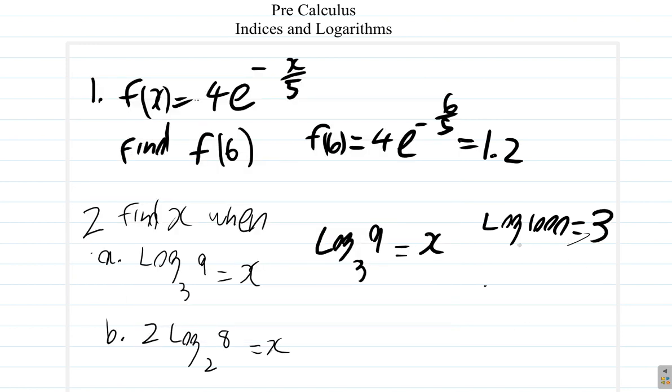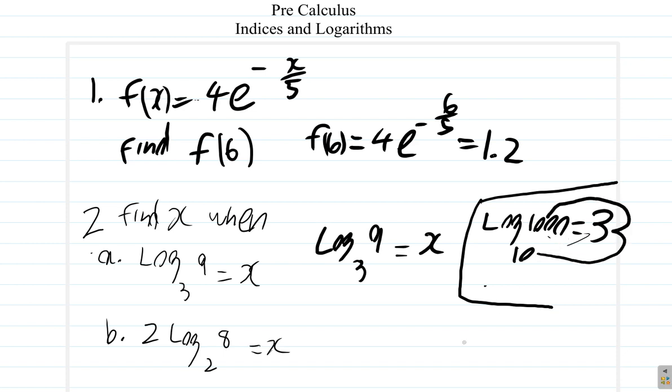And this is common log. It has a base of 10. When you rewrite this in exponential form, you're going to say that 10 raised to the power of 3 is equal to 1,000.